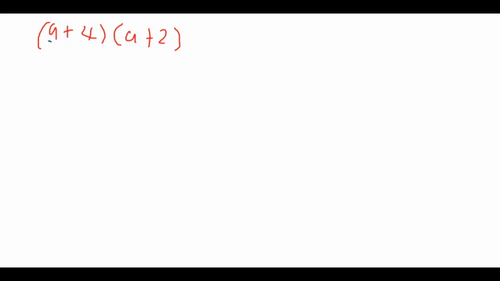If we use the direct expansion method, a times a is a squared, a times 2 is 2a, and 4 times a is 4a, and 4 times 2 is 8, so we'll have plus 8.